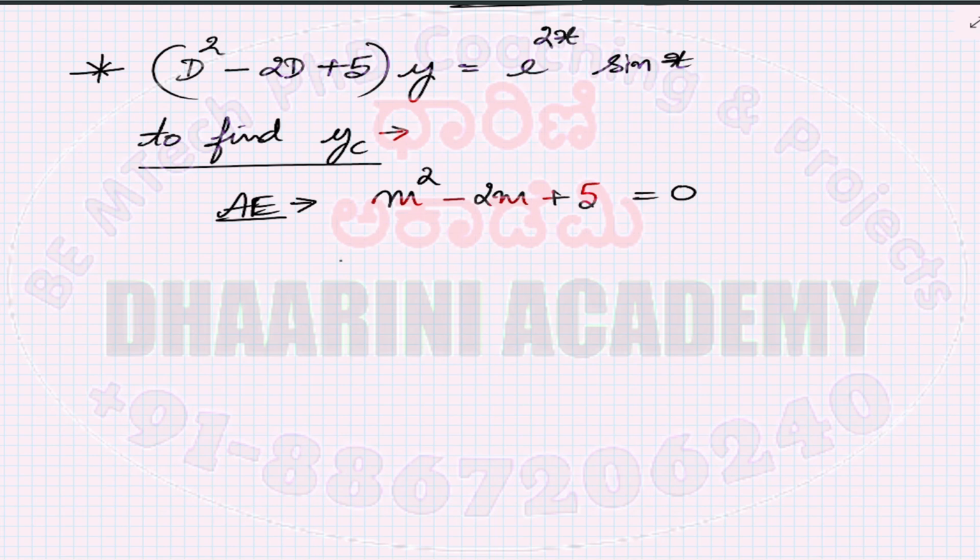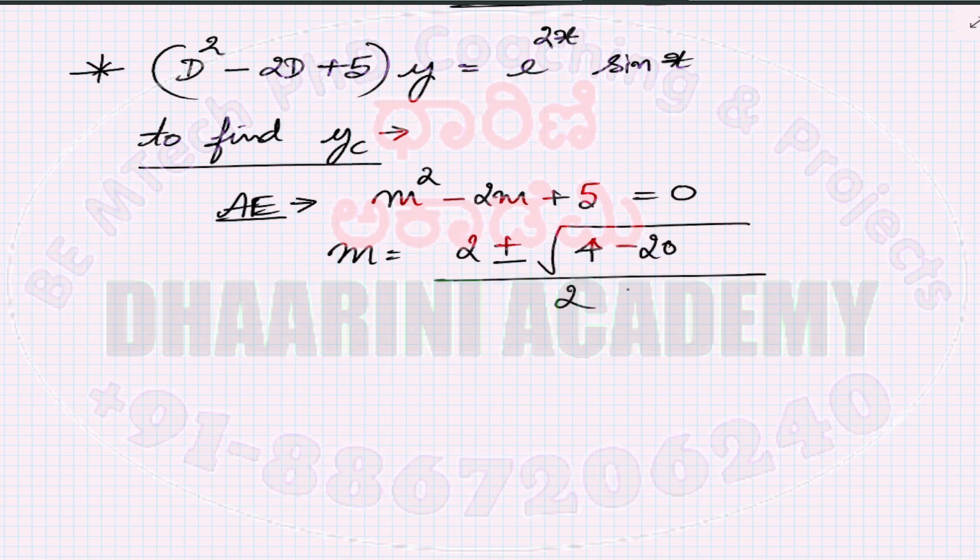That is, m = (−(−2) ± √(4 − 20))/2, which is plus 2 plus or minus root of 4 minus 20, by 2.